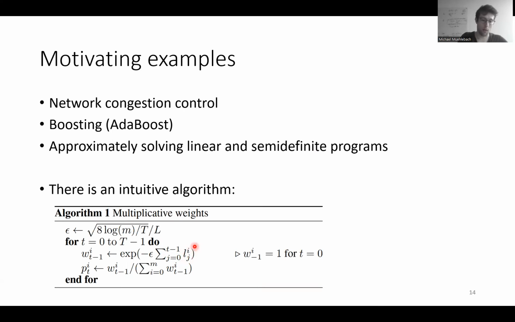And then you just take a softmax, parameterized by this parameter epsilon that dictates how closely you should take the maximum element. You can also think about epsilon as a learning rate, and it's chosen as follows. Here L denotes the size of the interval, so if the losses are chosen in the unit interval 0, 1, then L is 1.